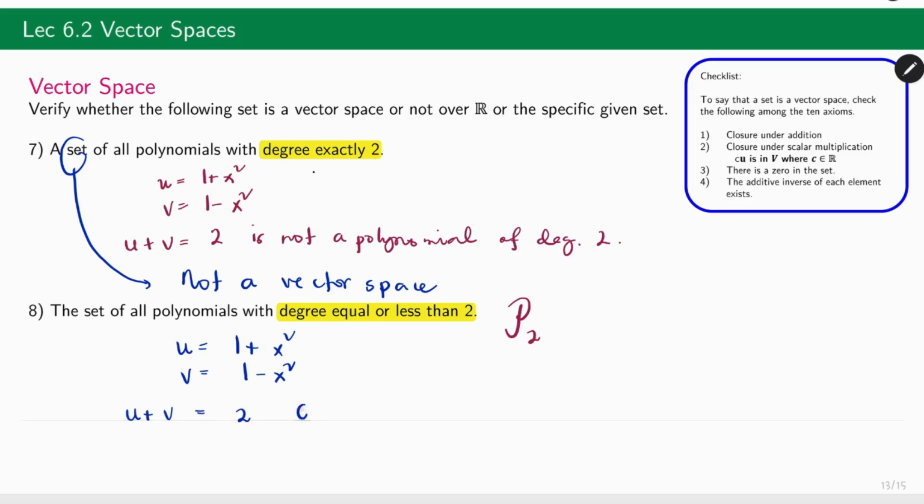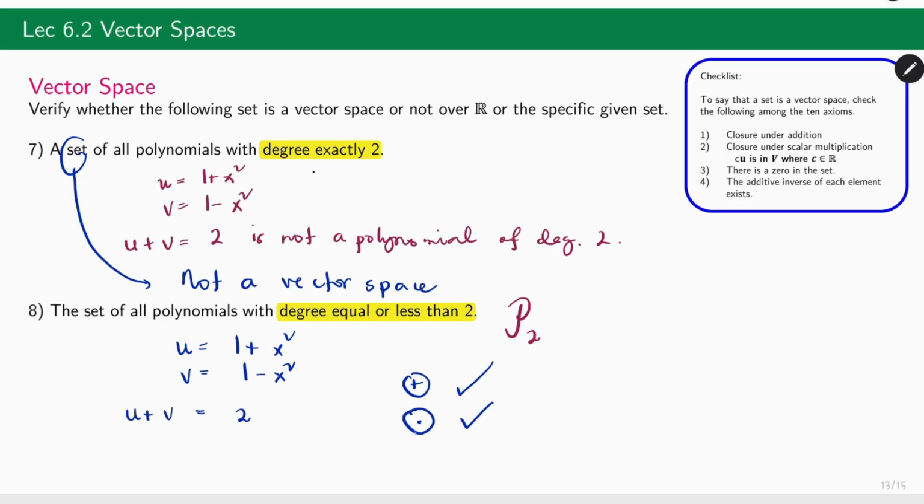So, 2 is an element of the given set, so the addition is satisfied. The closure under scalar multiplication is also satisfied, because whatever you multiply to a polynomial will result in the same polynomial of the same degree, just with different coefficients.